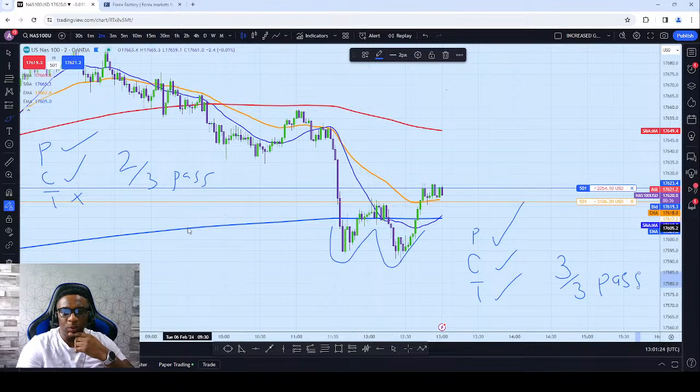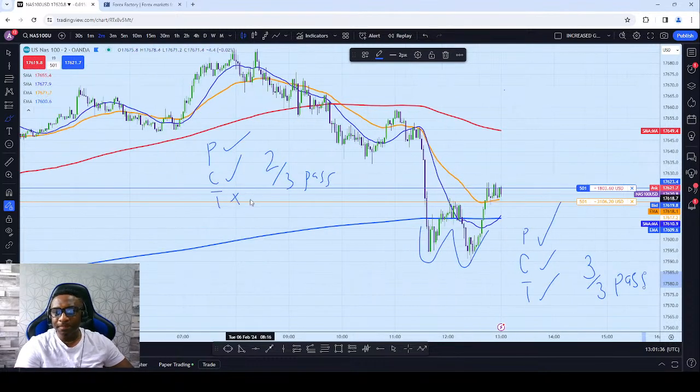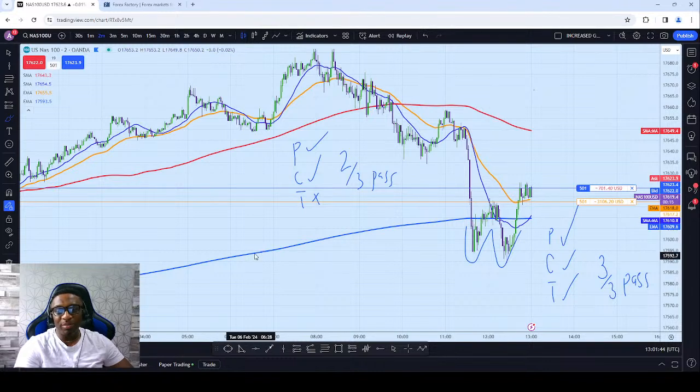So this blue line is 1100. The inputs for this blue line is 1100. That is why I said this is our famous blue line that we all know of.